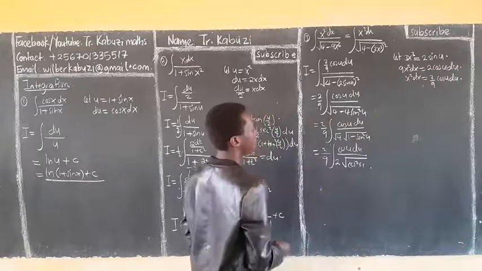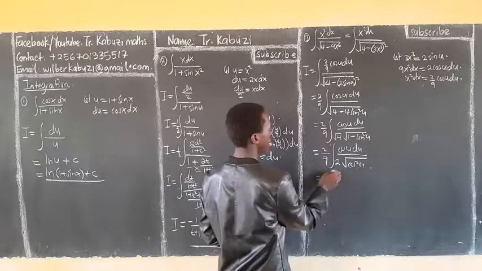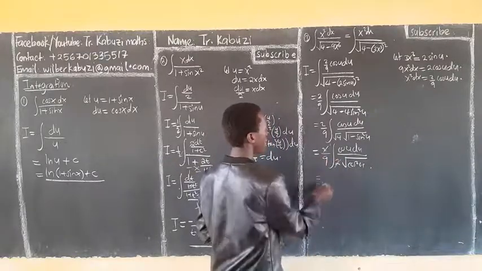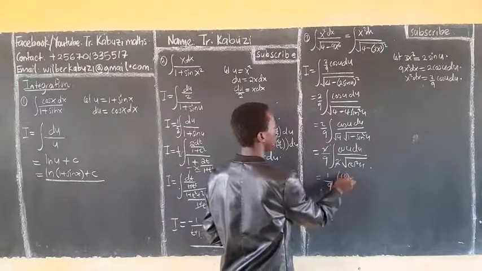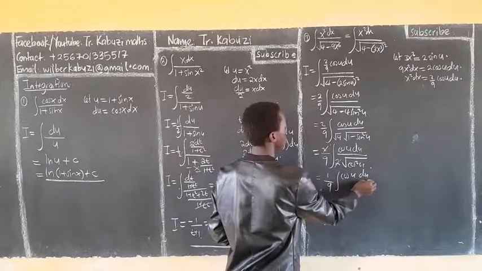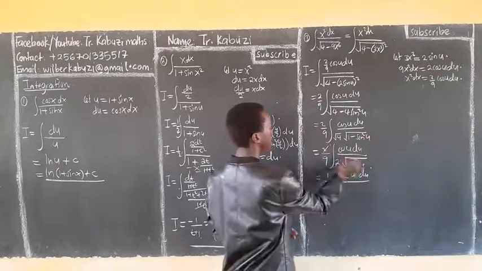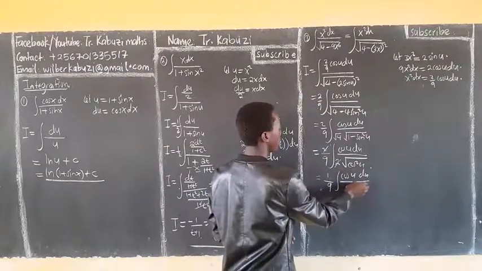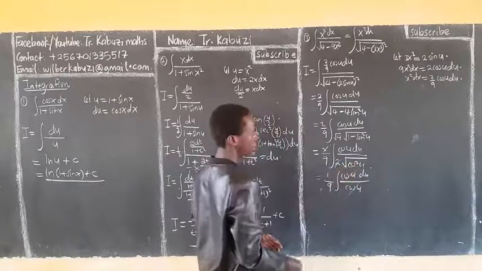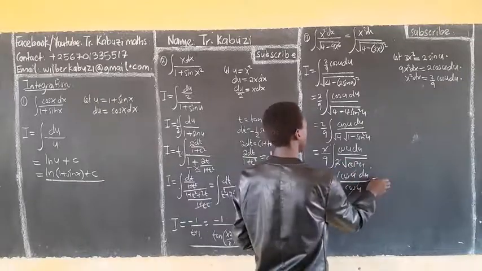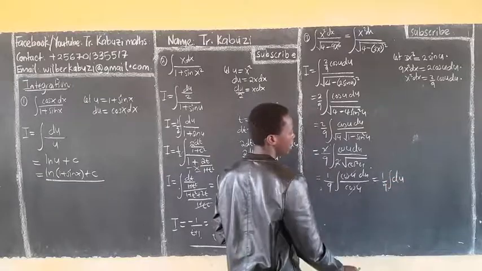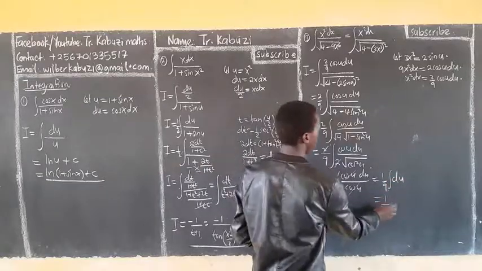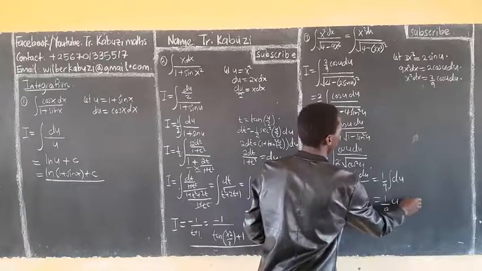From there, this 2 will go away, but I have 1 over 9 integral of cos u du over cos u. So that cos u is going to vanish. This will give me 1 over 9 integral of du, which would be 1 over 9 u plus c.